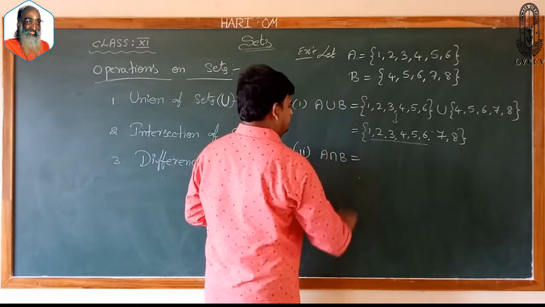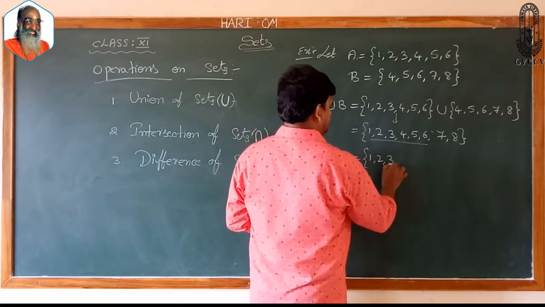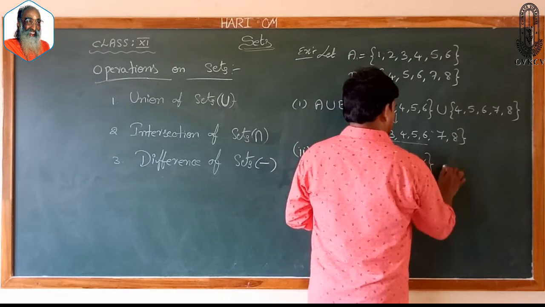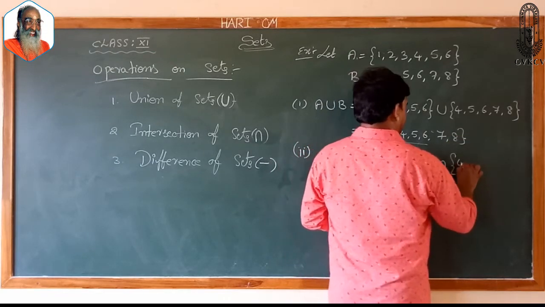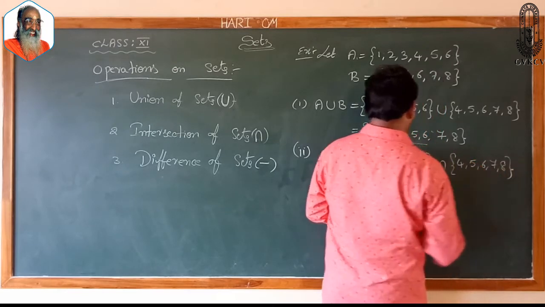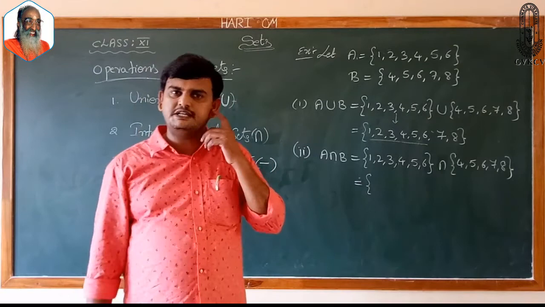Now coming to the second one. A intersection B. So intersection, first set 1, 2, 3, 4, 5, 6, and intersection 4, 5, 6, 7, 8. As I told you, what is the meaning of intersection?